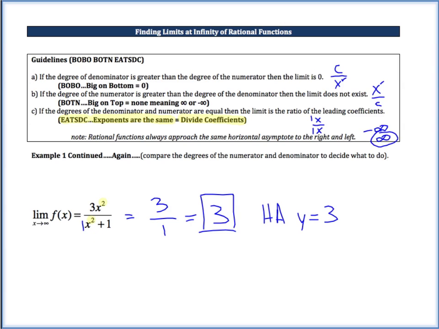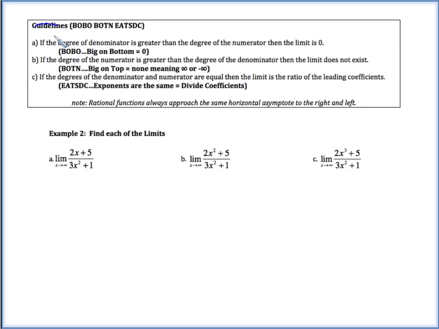Alright, let's give a couple of these a try now. Let's follow these guidelines right here. They're going to save us a lot of time. So if we want to find each of the limits, first just verify that they are rational functions. The exponent here is 1, and here the exponent is 2. So in this case, it is bigger on bottom. So big on bottom equals 0.